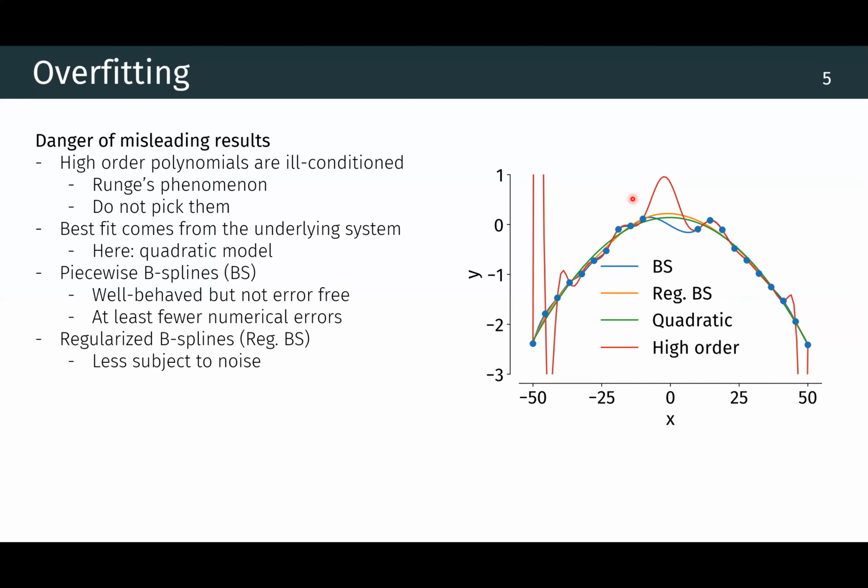And the same you have if you just were to use B-splines. I'm going to talk about that in a little bit. If you just were to use B-splines, and that's the blue line in between. So you see it looks all nice, but it also goes through all the points.